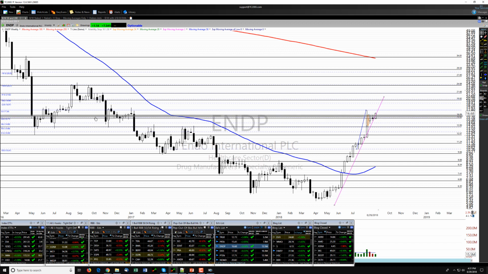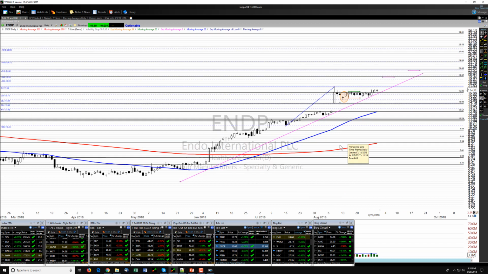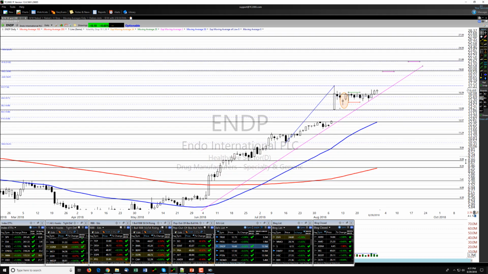We've kind of got two together, and which one of those is the correct one, I'm not sure, but that whole little area there is going to be resistance and/or support, and right now we've just gotten above it. So if we go back to the daily, we've broken through it, and right now we're looking for some follow-through.